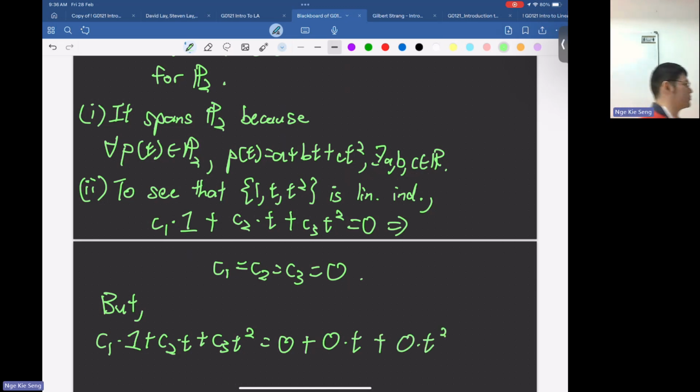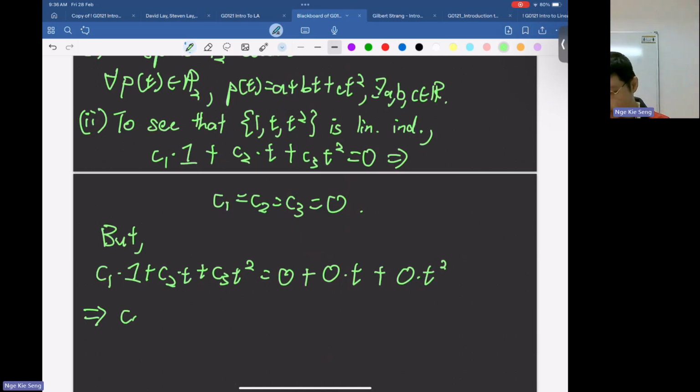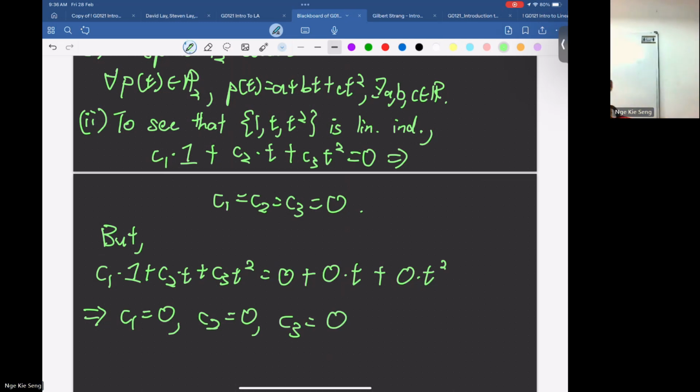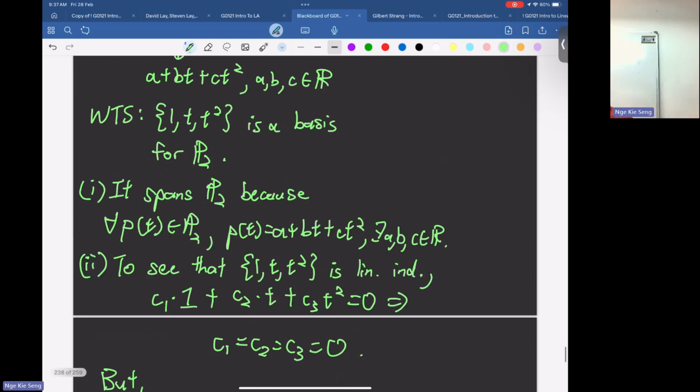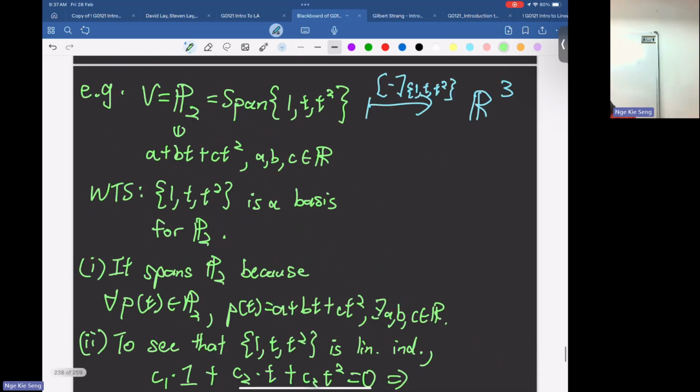This is the true form of your 0 polynomial. Equating the two polynomials, this implies that C1 has to be 0, C2 has to be 0, and C3 has to be 0. So this is how you check that this is a basis in P2.